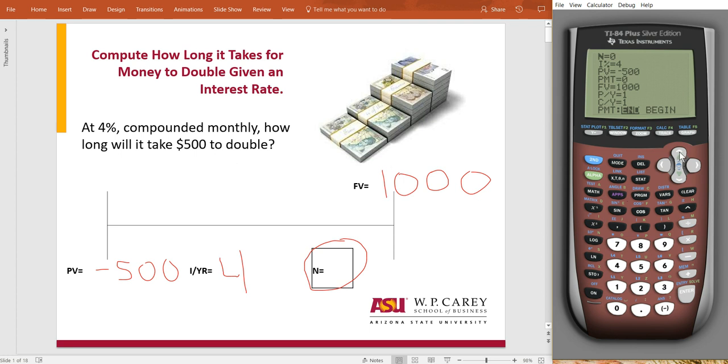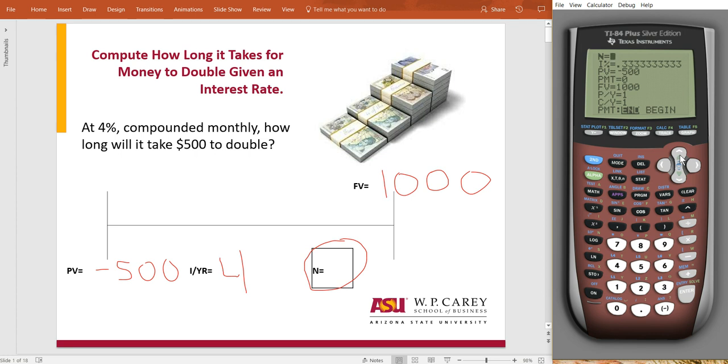Okay. But one thing that it does tell us that we need to catch is that it compounded monthly. Because of that, our interest rate is not going to be 4%. We're going to have to take that 4% and divide by 12. So let's go up here, 4, and then let's divide that by 12. Enter. Okay, so now it's in monthly form.